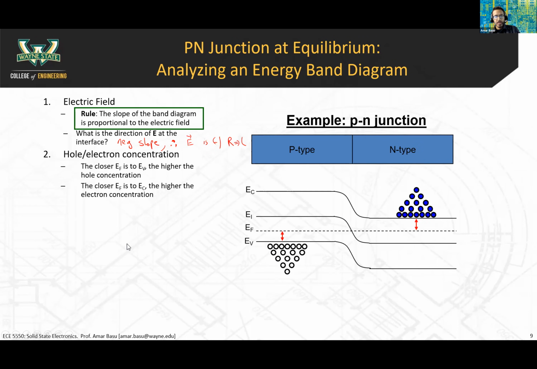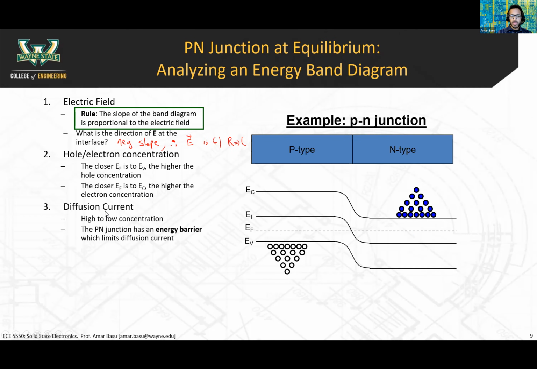So when we analyze this, we have to think about what the electrons and holes can do. This is how we use energy band diagrams to predict and understand the behavior of carriers. So we can think about diffusion current. What's the definition?